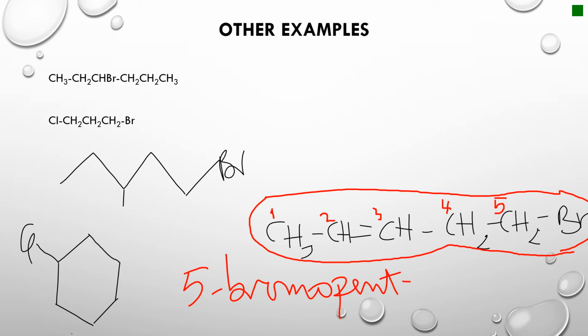That's why now we write the position of double bond, which is 2, and we write "en". This "en" is to show there is a double bond, and the "e" is to show it is a hydrocarbon. So the name becomes 5-bromopent-2-ene.